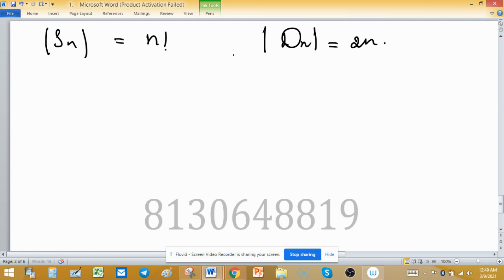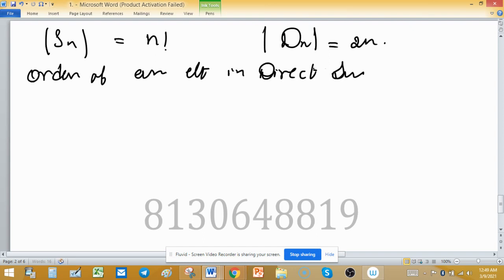Now the order of an element in a direct sum. The order of an element in a finite direct sum. This direct sum should be finite, otherwise we cannot find it.